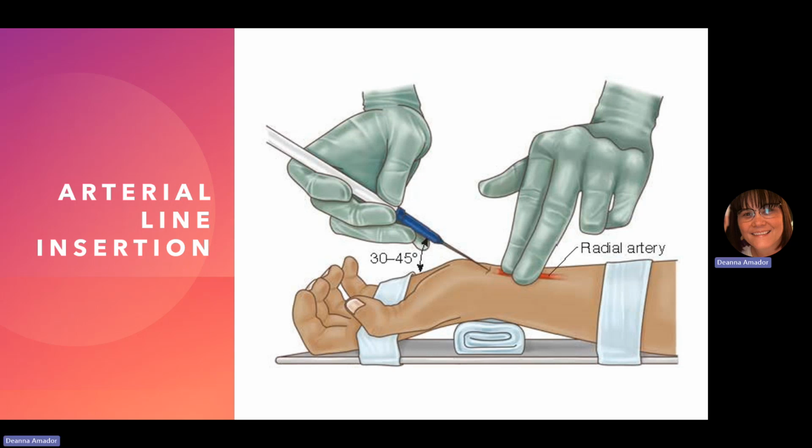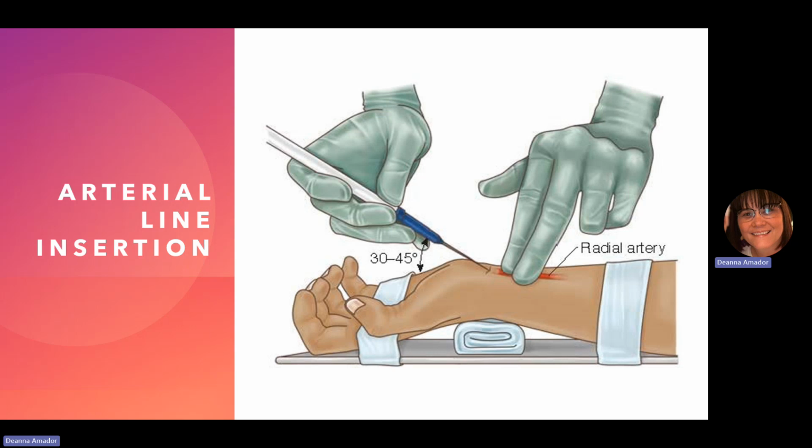A lot of times, not always, they will say to titrate the norepinephrine for a MAP of 65 or greater. They usually want it less than 80. But they will say to titrate it for a MAP of 65.